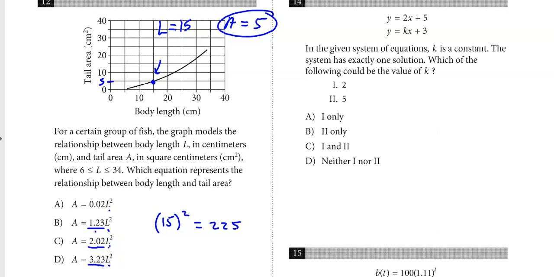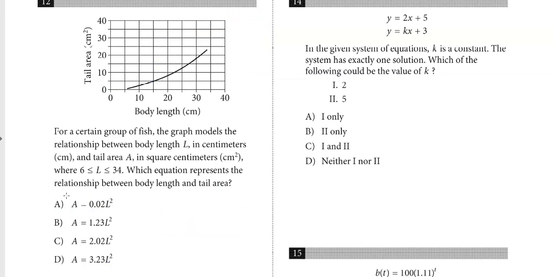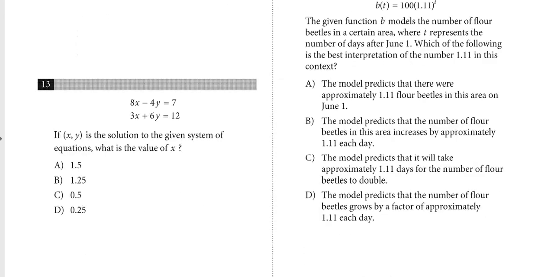Those numbers are huge. This number is very small. And if you do 0.02 times 225, you don't really even have to do the math. You're just going to know that that's going to shrink this number way down to where we're going to have a correct answer for something like A. I think that's kind of the most straightforward way to do that type of problem, is just find a value on the chart and plug it in, make the equation work.